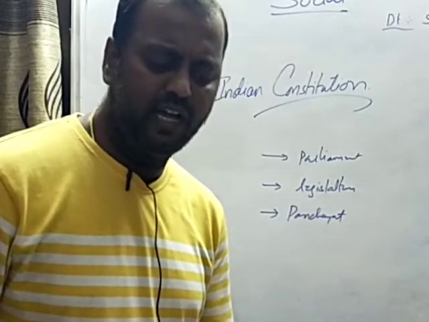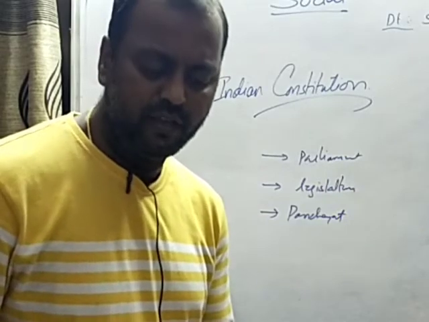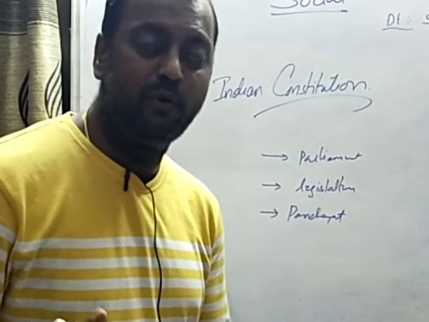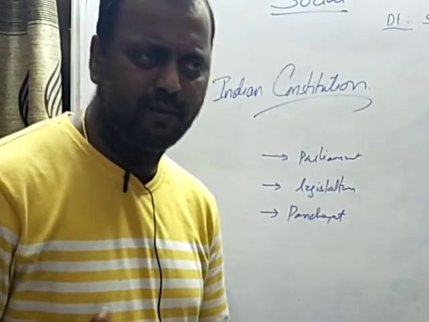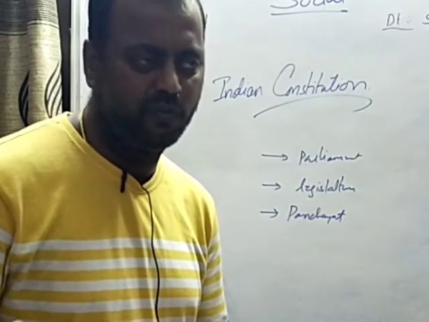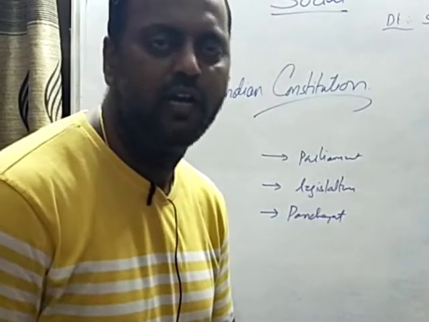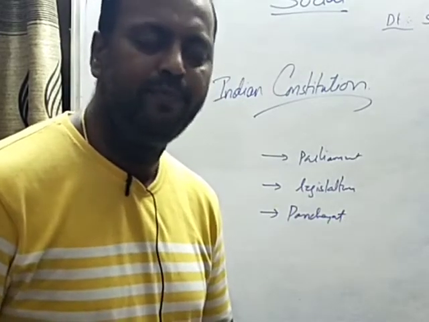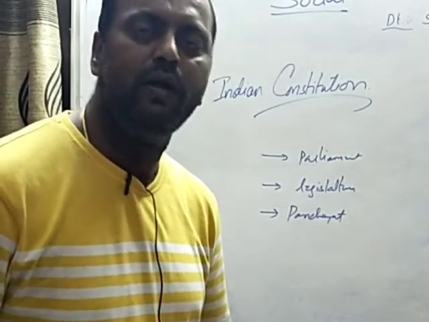These are expected to function independently from the government, and they report directly to the president. Of course, for namesake, on paper they function independently, but they are also controlled by the parliament and by the government.